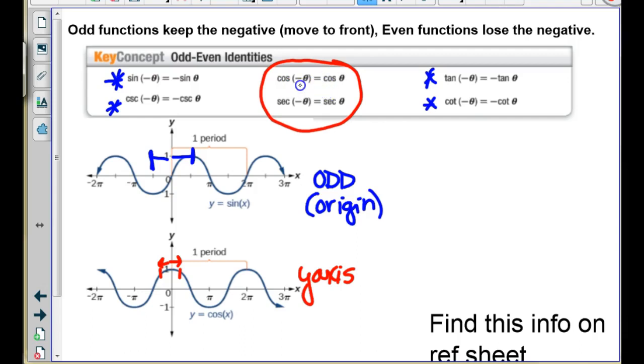Okay? So when you have a negative inside, it goes away. So these are the even functions. And that's all on your reference sheet, not something you have to memorize. Does everybody see where it is on there?